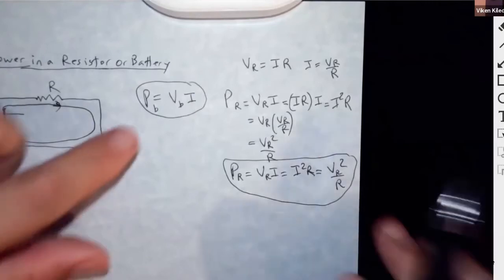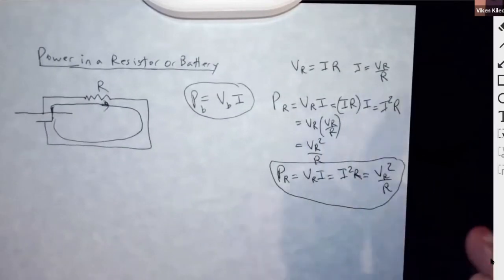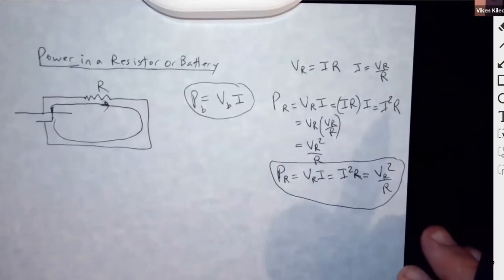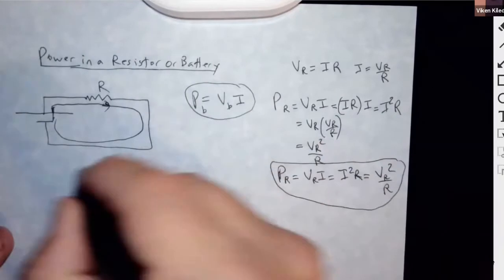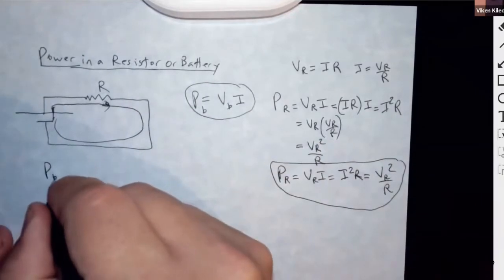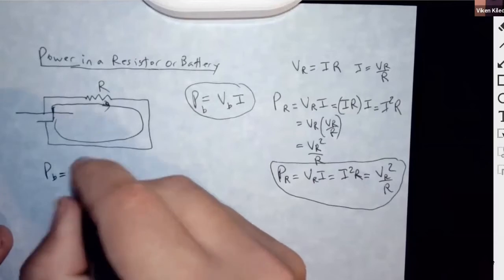So let's quickly derive this equation. The idea is going to be the same as how we derived the energy stored in the capacitor equation. We're going to say the power of the battery is the rate of work done by the battery.